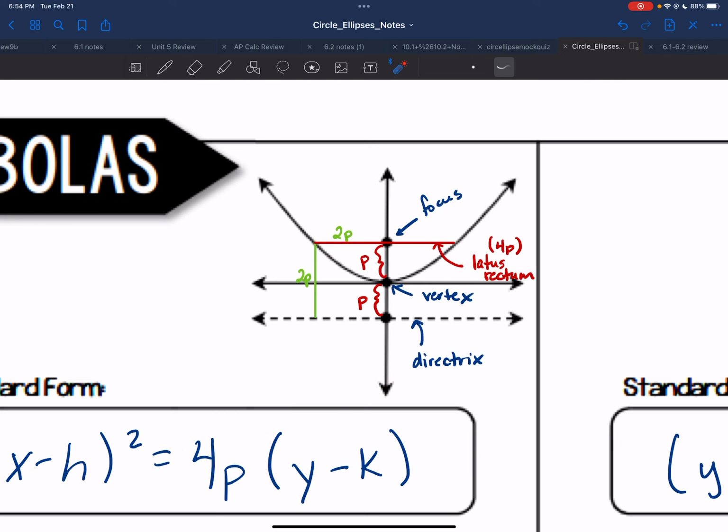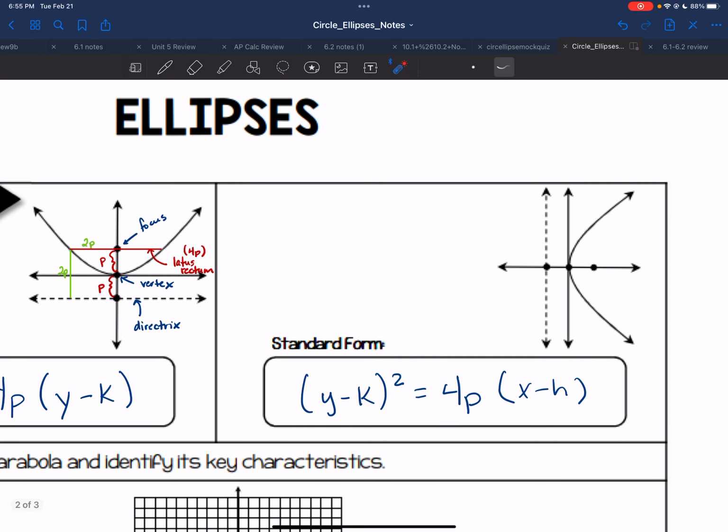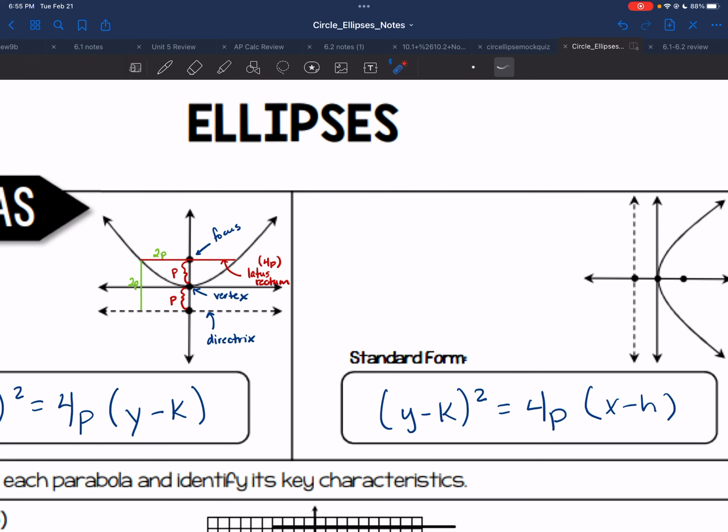Okay? Your directrix is always behind your vertex, and your focus is always in front, where the legs curl around. Same thing here. You have the same notations. You're just going to flip it sideways is all you're going to do.